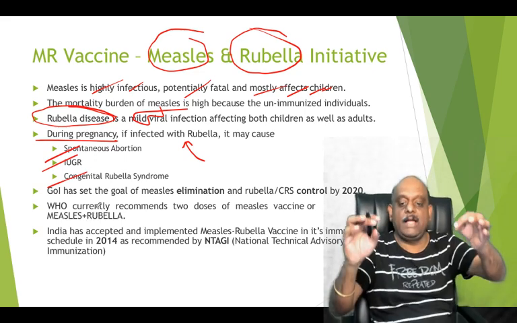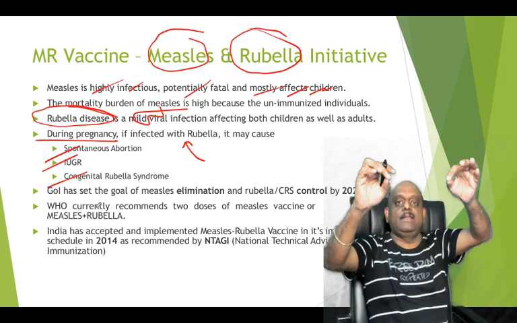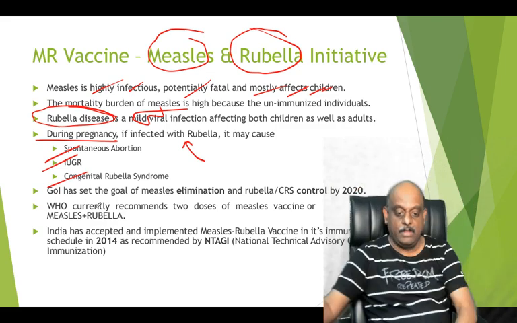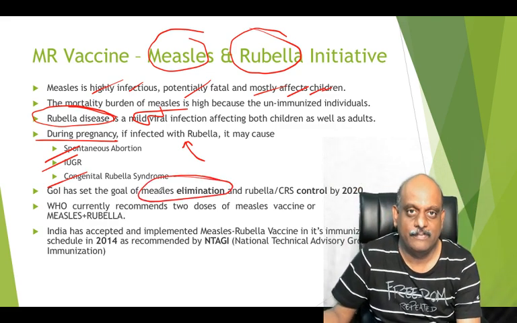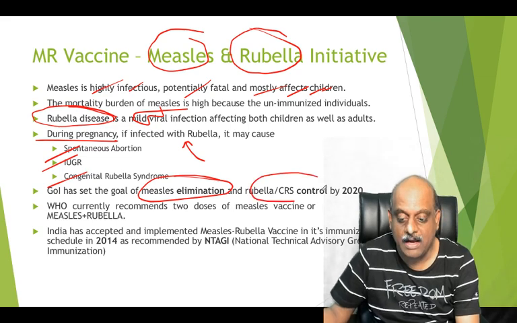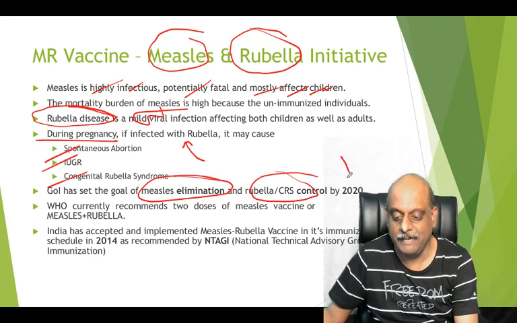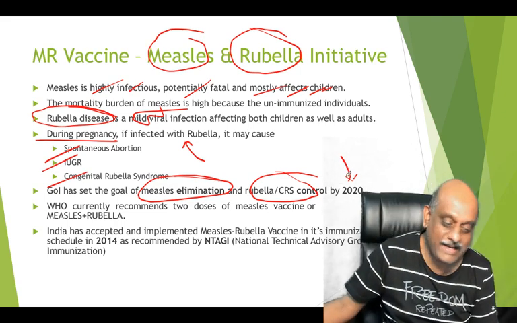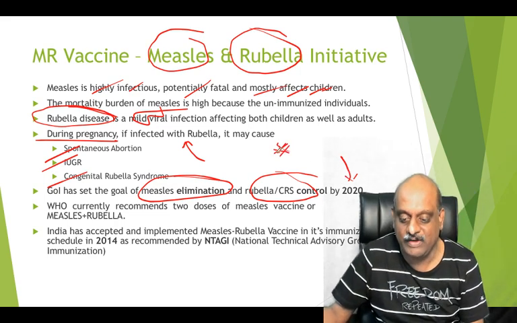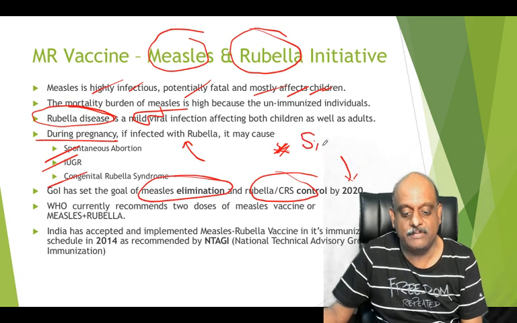So what is the national goal? Measles elimination and rubella control by 2020, this year. That is what you need to remember, doctor. This will come as a single liner MCQ.